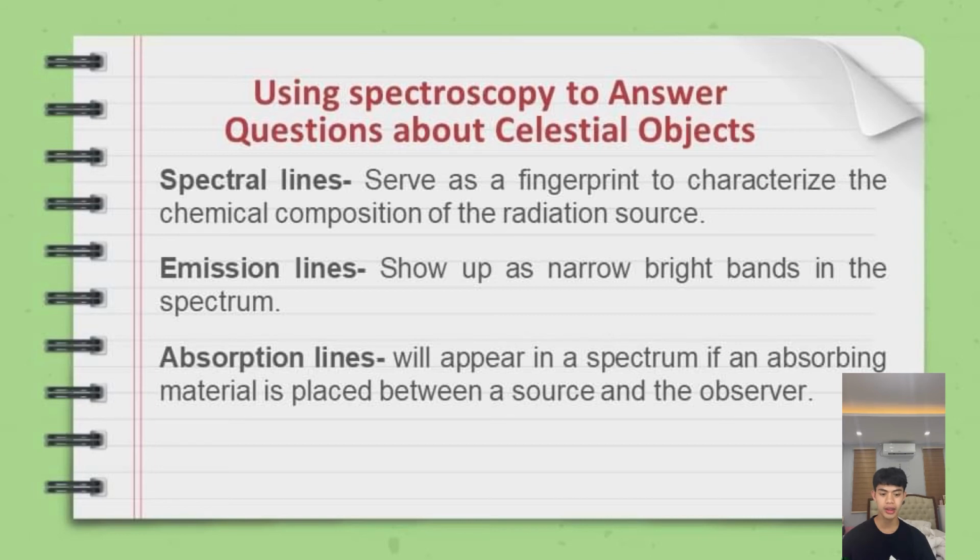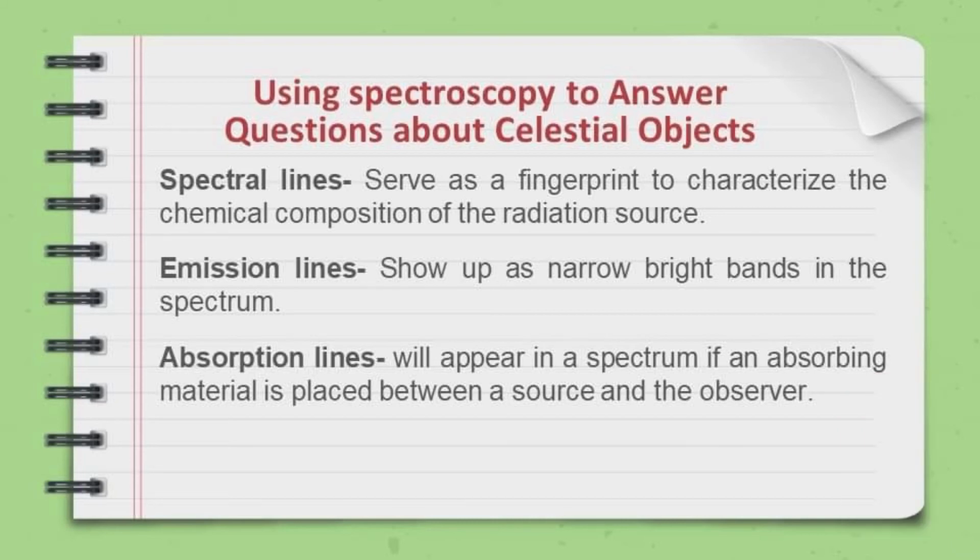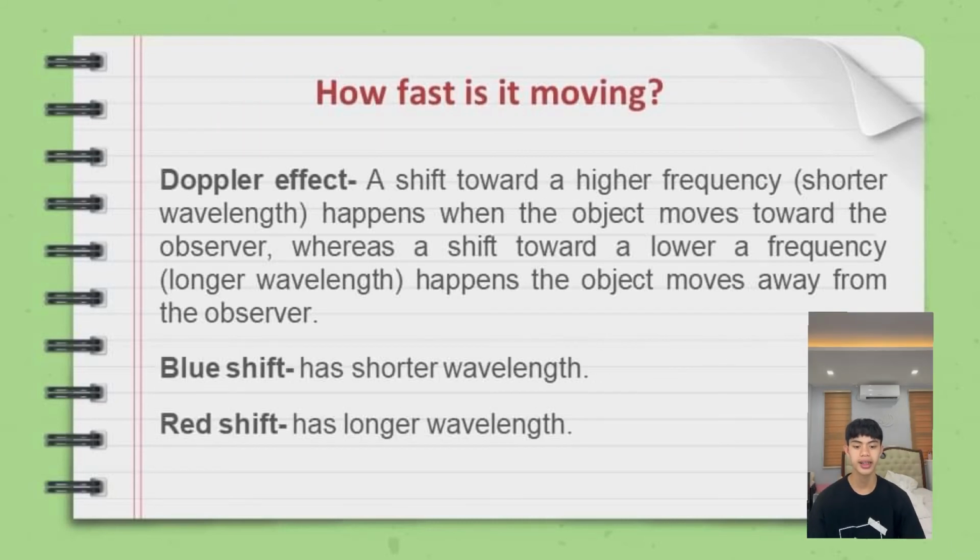When this happens, the spectrum displays dark bands called absorption lines. Astronomers can use absorption lines, for example, to determine the chemical composition of nebulae between a star and the Earth.